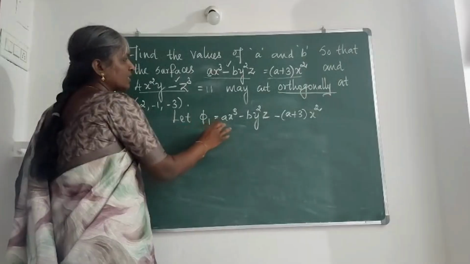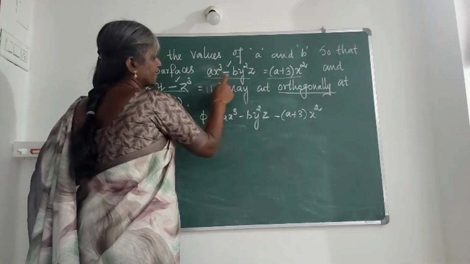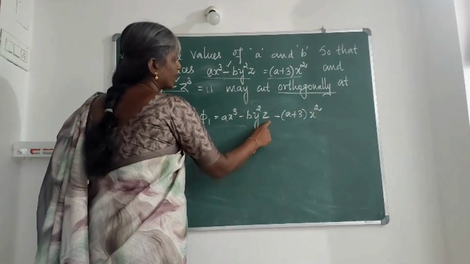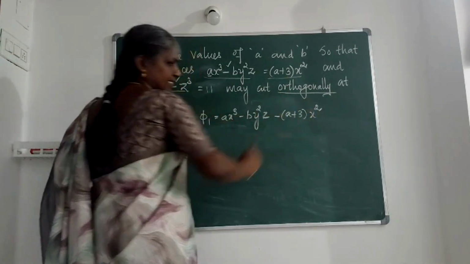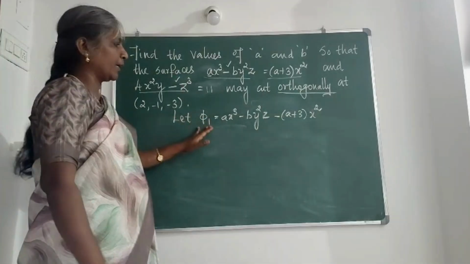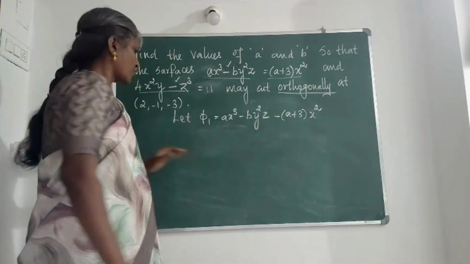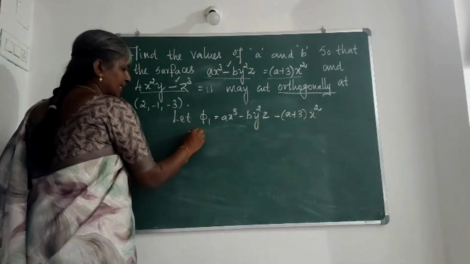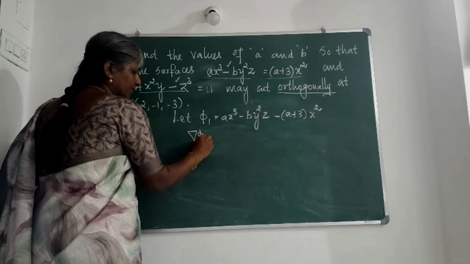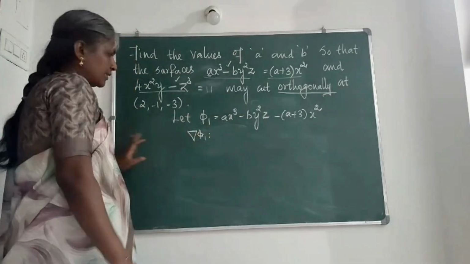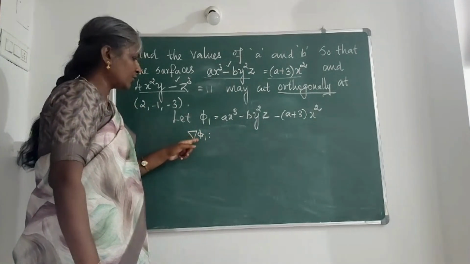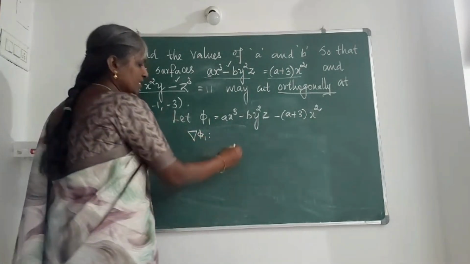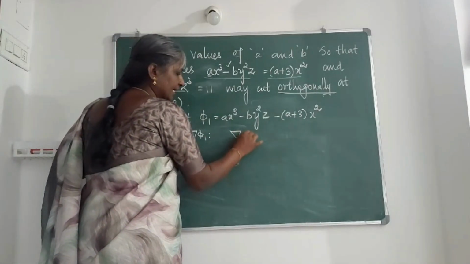Let phi 1 be a x cube minus b y squared z minus (a plus 3) into x squared. Let us consider our phi 1 to be this. First of all, we have to calculate del phi 1. What is the meaning of del phi 1? The gradient of the surface phi 1. What is the formula for finding the gradient?